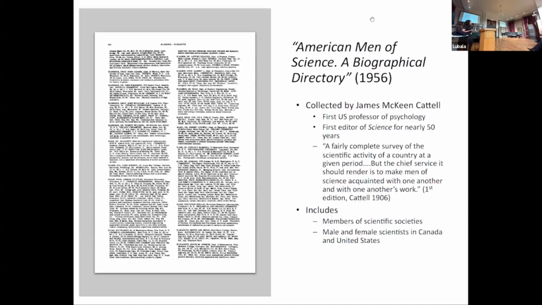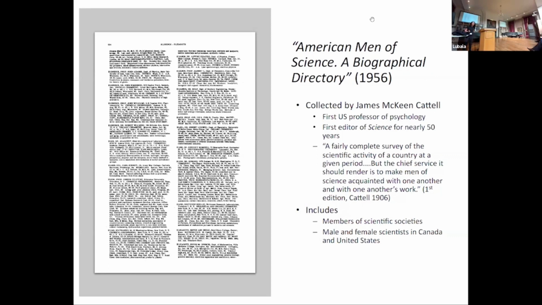Okay, so the data I've been collecting is drawn from American Men of Science, which ironically also includes women. It was collected by James McKeen Cattell, who was a professor of psychology.